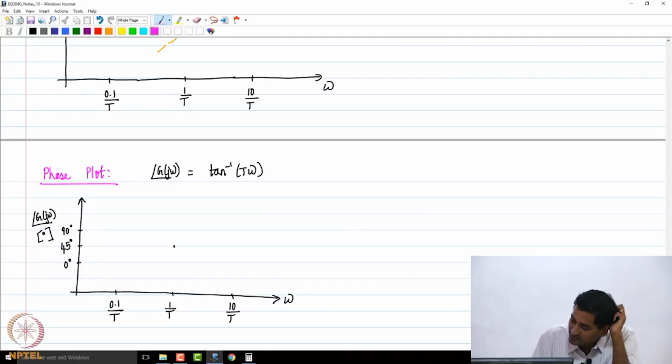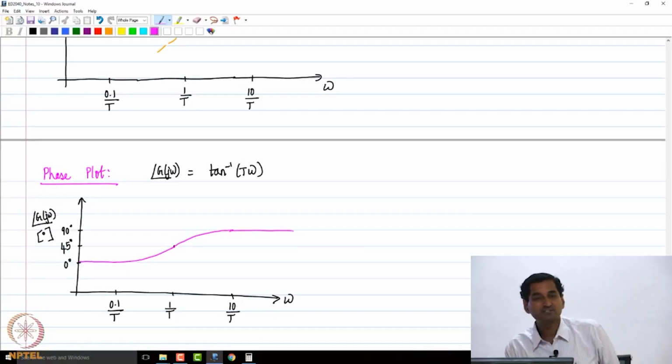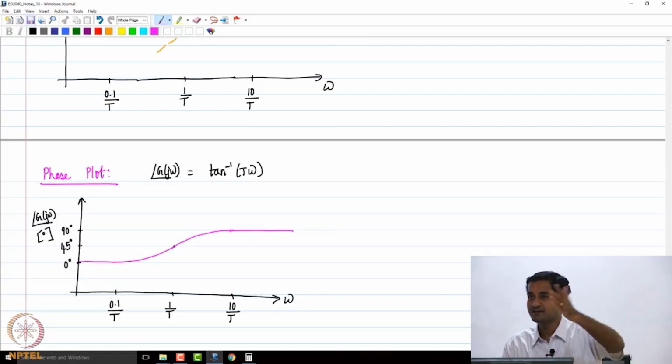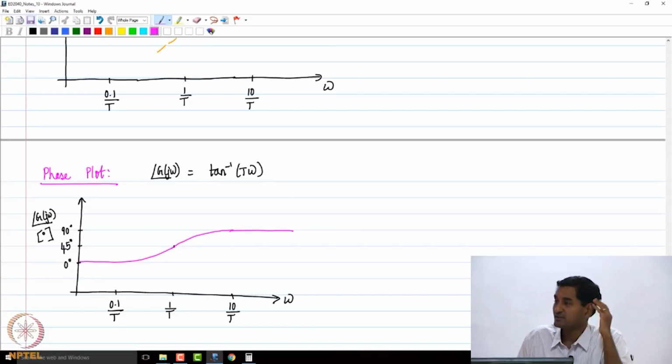So, what is going to happen to the phase plot is that it is going to start from 0 and then pass through 1 by capital T and 45 and then settle to 90 asymptotically, okay. So, that is what will happen to the phase of this factor Ts plus 1, okay. So, you see that it is just the reflection once again about the 0 degrees line, right, the horizontal line passing through 0 degree.